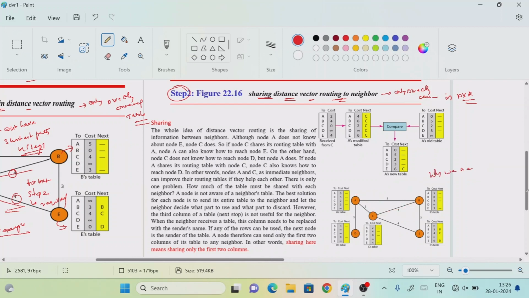Now the question is why we need to share our routing table with our neighbors. For example, A does not know how to reach E because it is not directly connected.